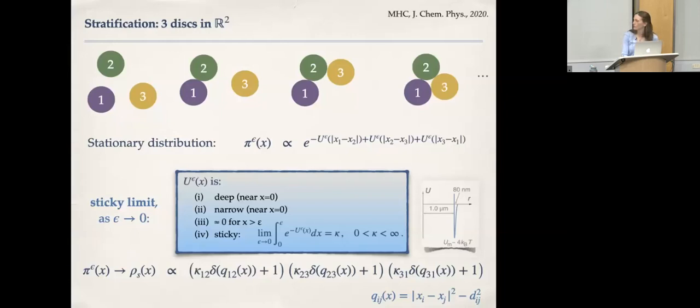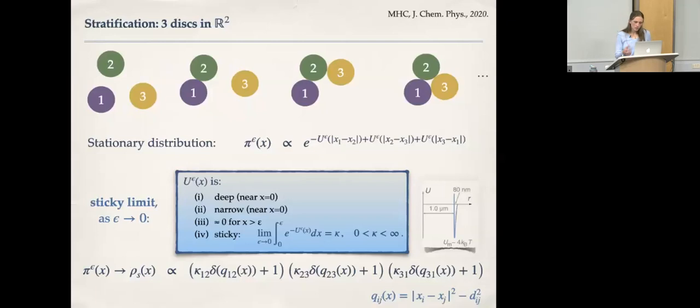I'm sort of making it approach a delta function, where the argument of the delta function is some function that measures the distance between the particles' surfaces. Okay, so here I've written it as xi minus xj squared minus their diameter squared. So when this is 0, then the particles are exactly in contact, and I have some delta function for being in contact. And then I also have a +1 because of this part of the pair potential where the particles don't see each other.